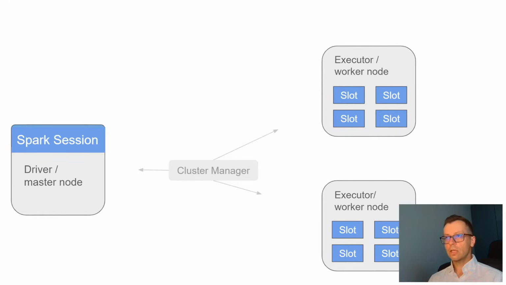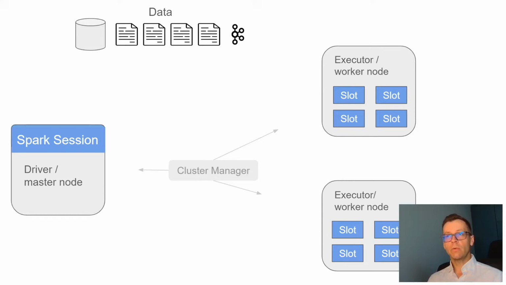So let's say that we have data which we want to analyze, and we write an application. We can write it in Scala, Java, Python, SQL, or R. The application communicates with the driver through something called the Spark session. That's the only entry point for us to Spark. Now, the driver takes the application and tries to figure out what we want to do with the data.